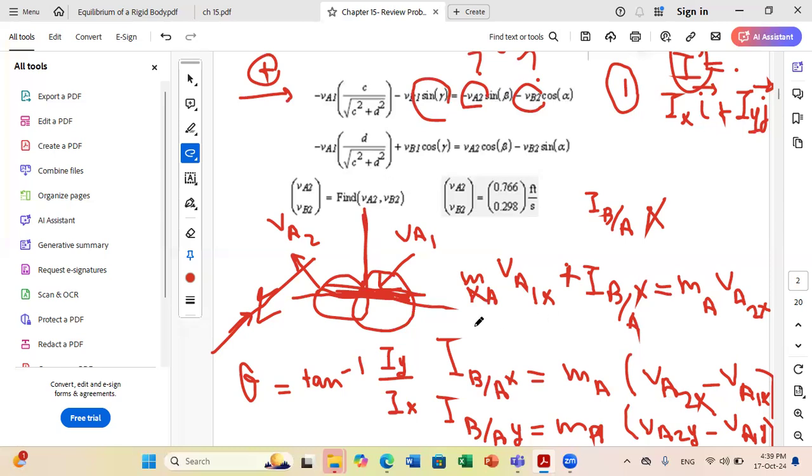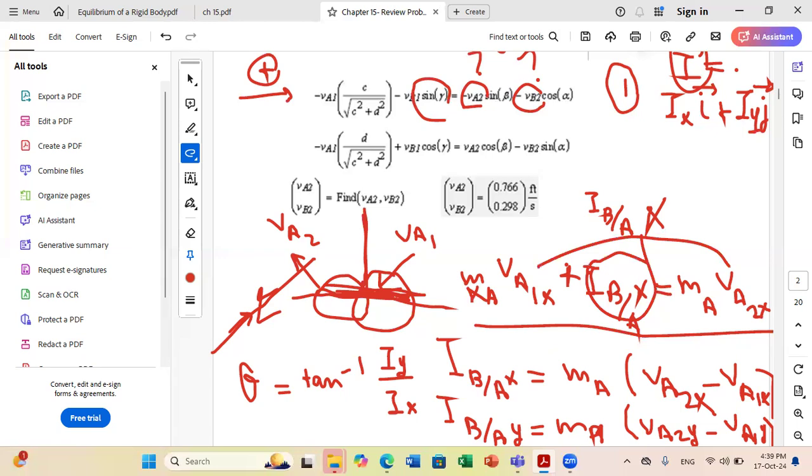Because look, if you look at this equation, what will change the velocity? The presence of an impulse. If you don't have an impulse in y direction, the velocity in y will remain the same. So if you know the line of impact, you can say that in the perpendicular direction there is no impulsive force, since you have smooth contact here, no friction, okay?